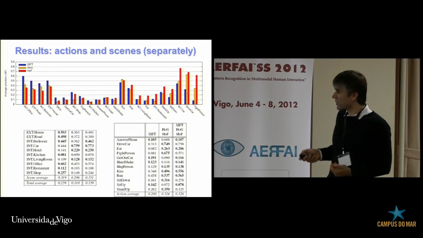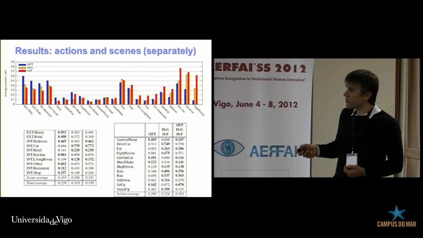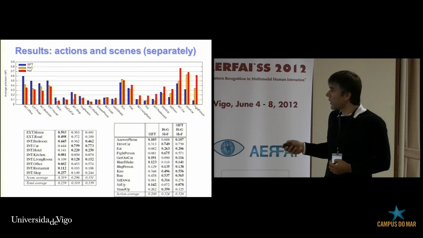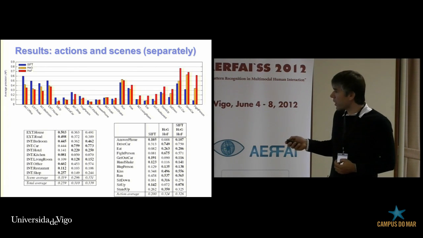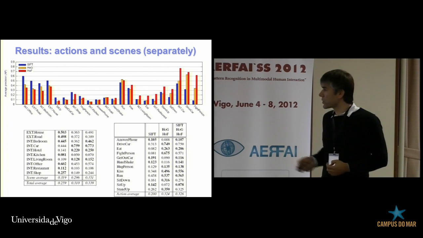What is interesting to observe is that the scene classes mostly appear here: office, road, bedroom. So scenes are better recognized with the SIFTs, with static features. And here we have mostly action classes like sit down, drive car, fight person. These are the actions which are better recognized with dynamic features.